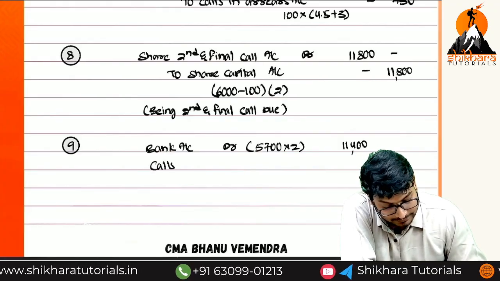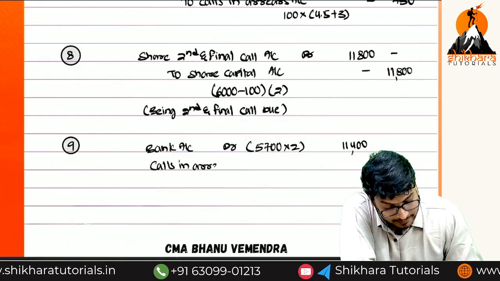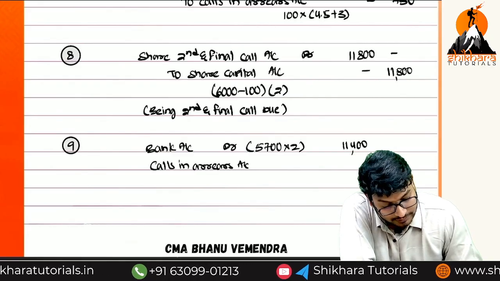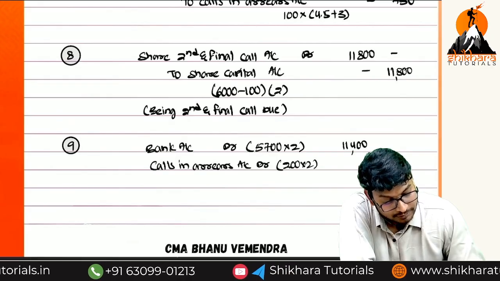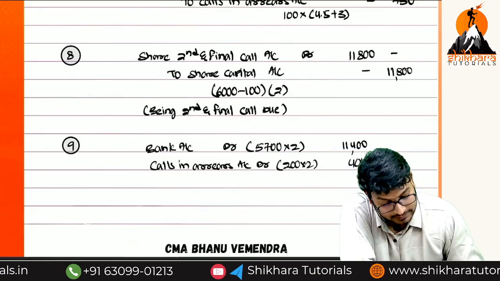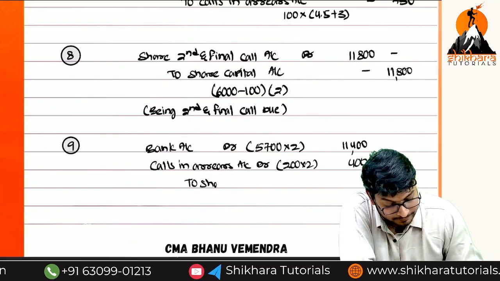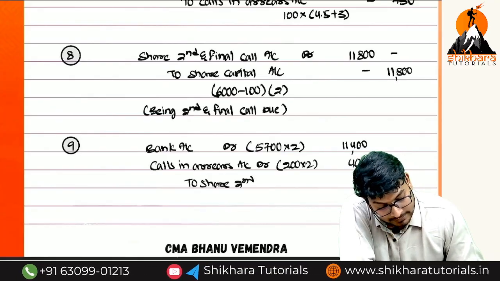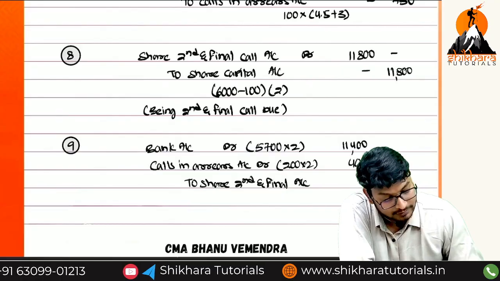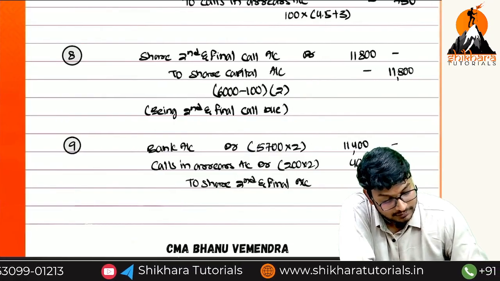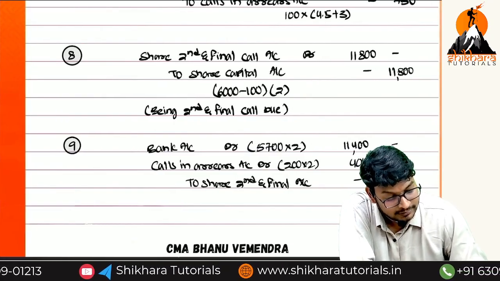Calls in arrears account debit, 200 into 2 is 400. To share second and final call account, 11,800.